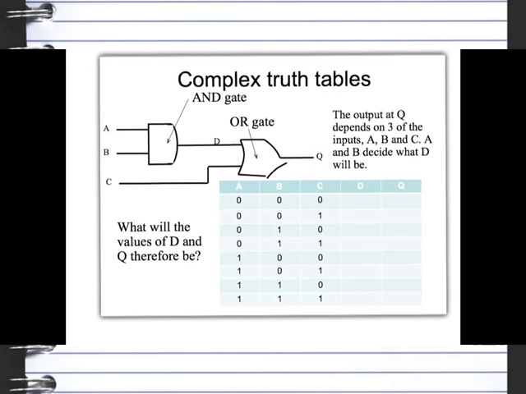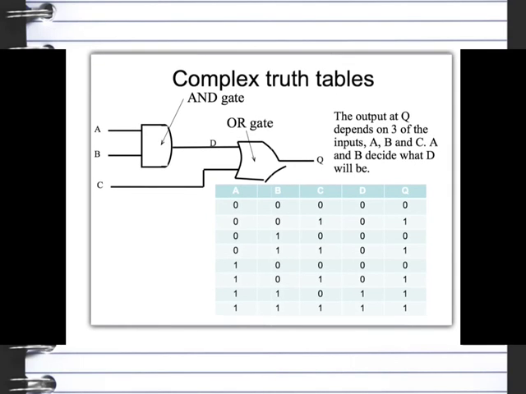So let's have a look at what the truth table will show us. As we go through, we can see that for the AND gate, it's only the bottom two, where we have both A and B on, that we get our input for D being on. Because this is an OR gate, it means it can be C or D that turns it on.